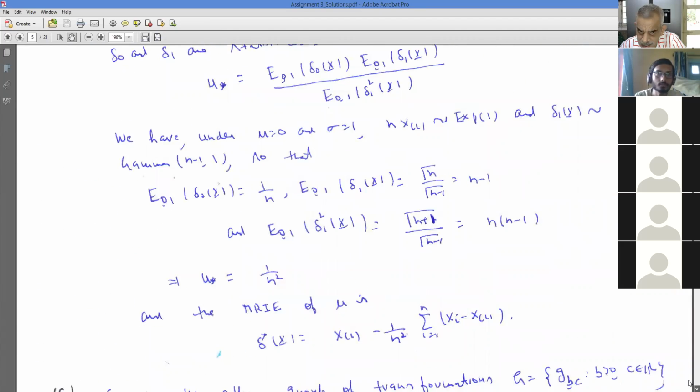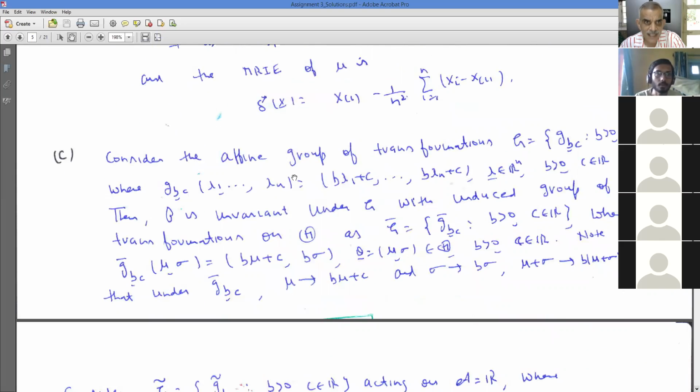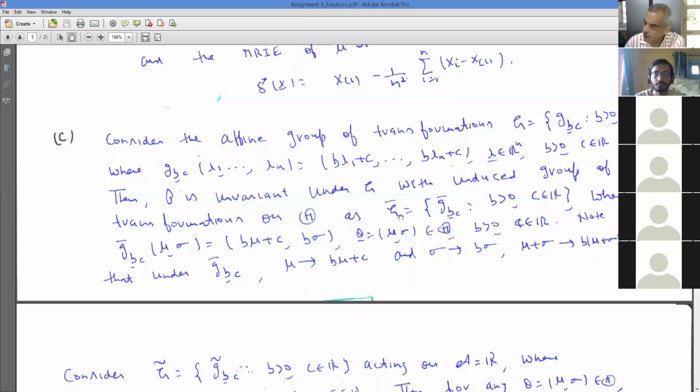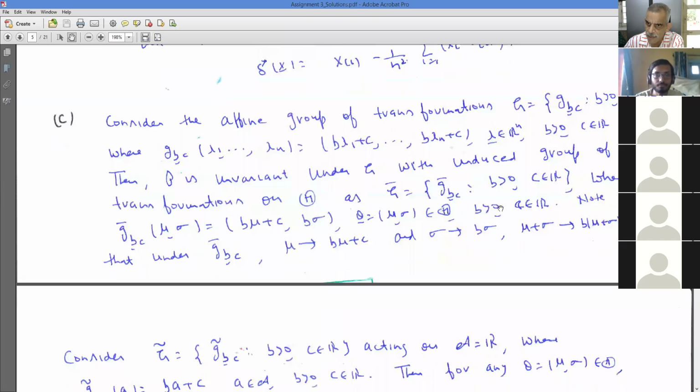Part C you are saying, right? Yes. So this is what I'm saying. Consider the affine group of transformations G(b,c), where it is the same, (b X1 plus c, ..., b Xn plus c). P is invariant because P is the same for all the three problems. G bar, which is the induced group of transformations on the parameter space, also remains the same, b mu plus c. It is only G tilde which changes, and G tilde depends on what you are trying to estimate.